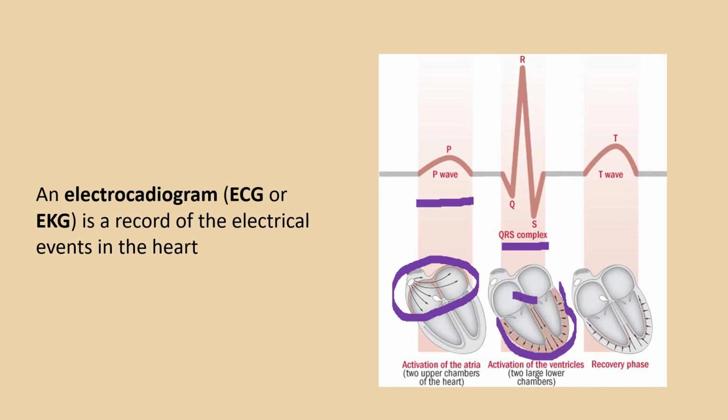There are far more muscle cells in the ventricles than there are in the atria. So when the ventricles depolarize, it looks like a larger event on the ECG. So QRS corresponds to depolarization of the ventricles. And then we have this T wave. During the T wave, the ventricles are repolarizing. So they've already depolarized and now they're repolarizing, and that change in the electrical behavior of this organ is recorded as a T wave on an ECG.